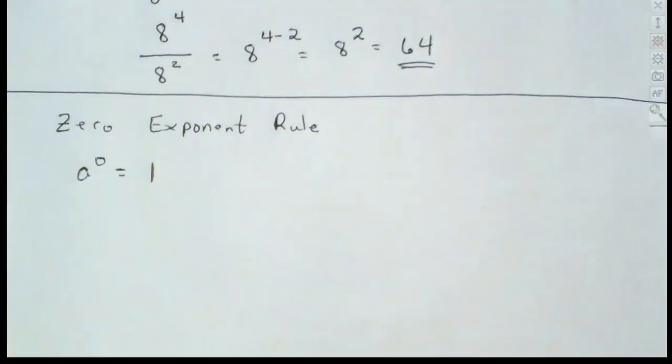It doesn't matter what it is. It can be several variables linked together. It can be a number raised to the 0 power. It's always going to come out to be 1. Not 0, 1. So we're going to look at several examples of this.